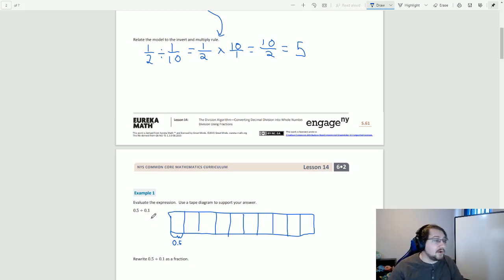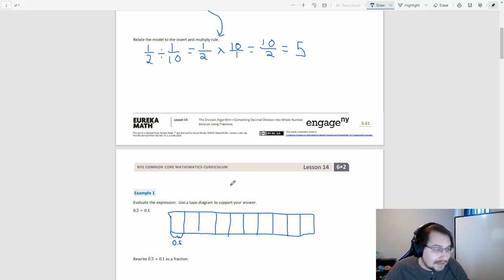Because 0.1, I need 10 of those to make my whole. So I'm going to take 0.1, 0.2, 0.3, 0.4, 0.5, 0.6, 0.7, 0.8, 0.9, 1.0. Because 0.1 is just 1/10.